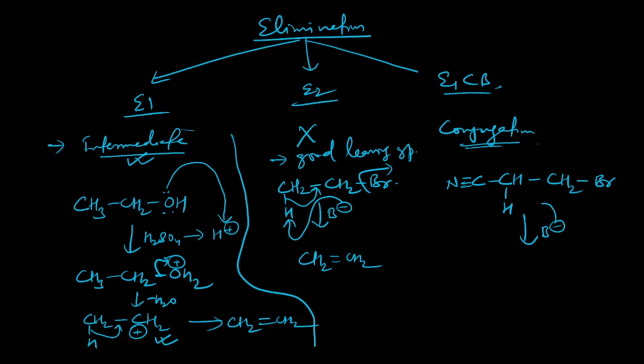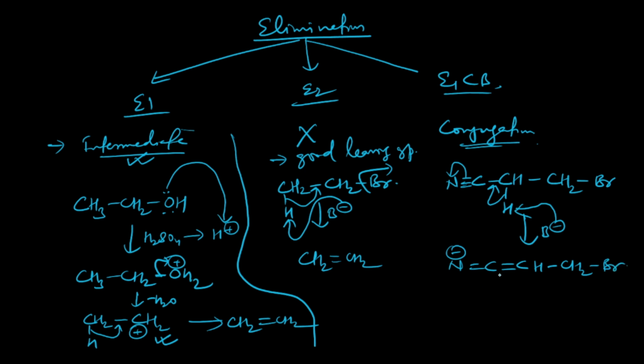That's why this is the more acidic hydrogen. So now it will pull over here. You can show it like the bond is shifting over here. As soon as the bond shifts over here, this will move towards this place. So it will be N minus, double bond carbon, carbon, and then CH, then your CH2 and Br.